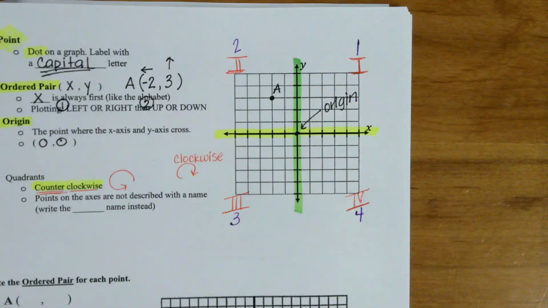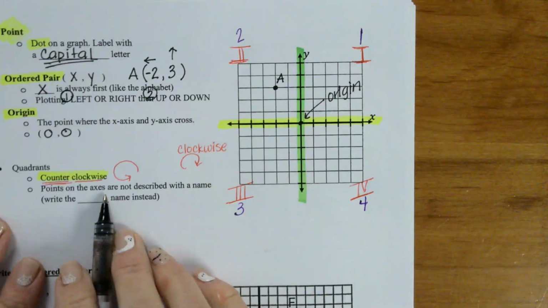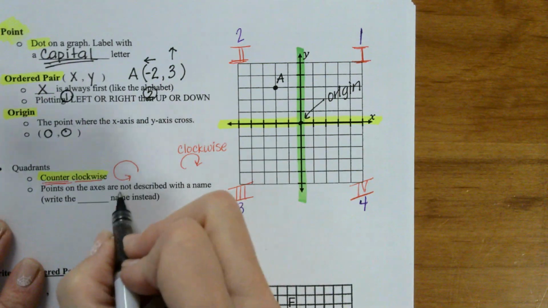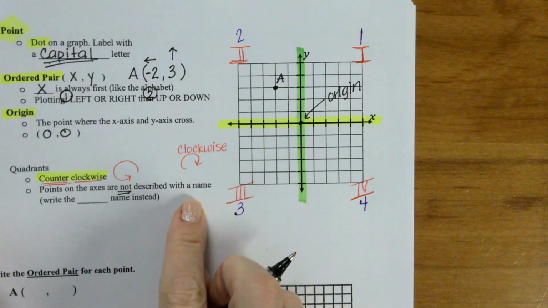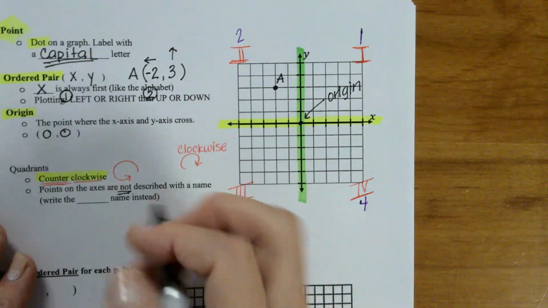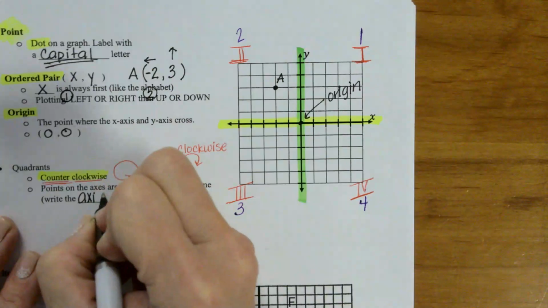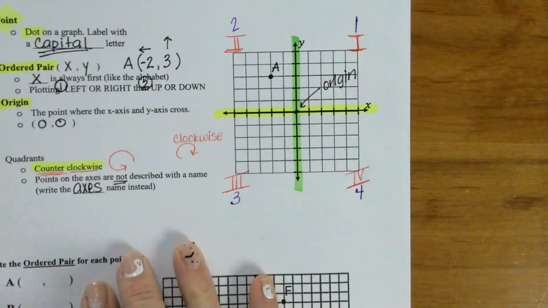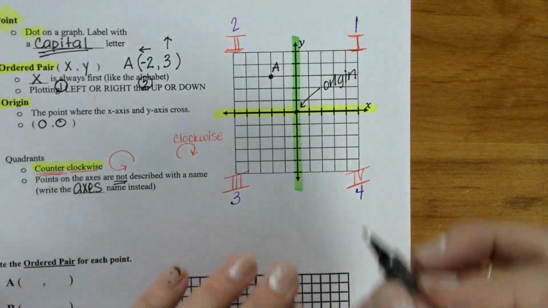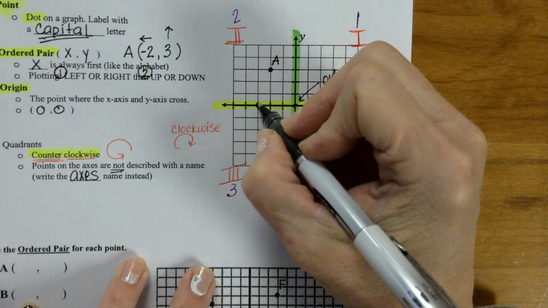Points on the axes are not described with a name from a quadrant. You're going to write the axes instead. So for instance, let's put B right here at -3, 0.